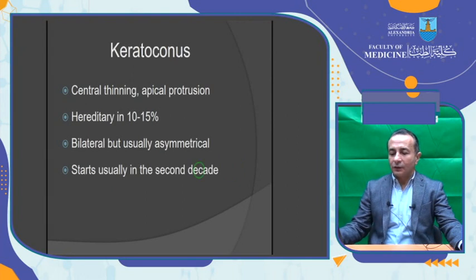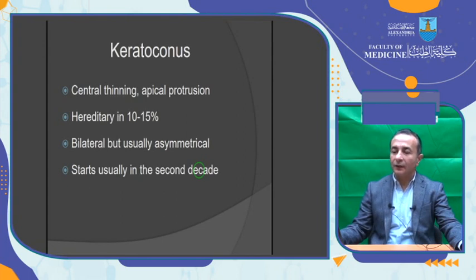So the hallmark of keratoconus is central thinning and apical protrusion. If you want to describe keratoconus in a few words, it's enough to say central thinning and apical protrusion.